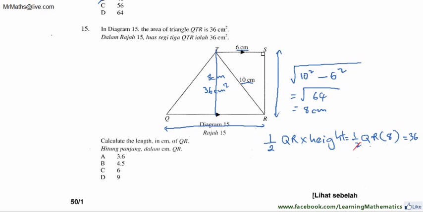We can cut this out, it becomes 4 times QR. Then QR is 36 over 4, which is 9. Okay, the answer is 9 cm. Alright, let's move on.